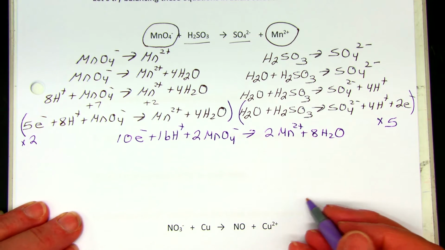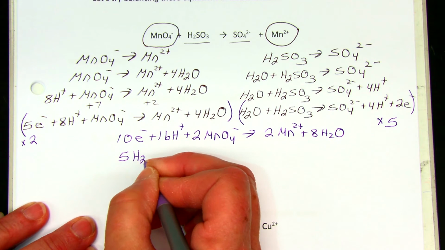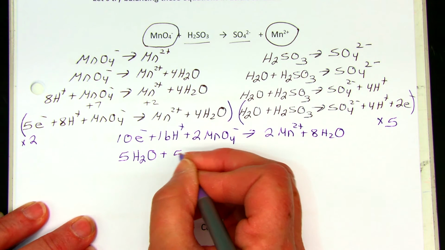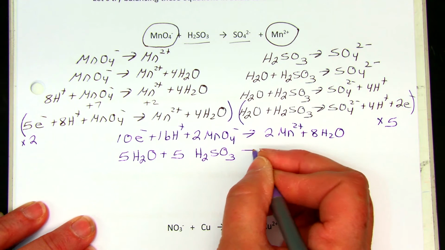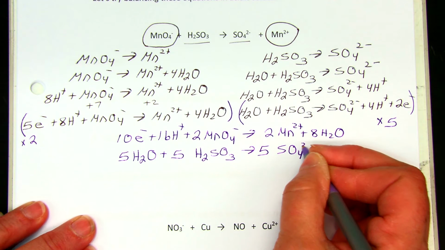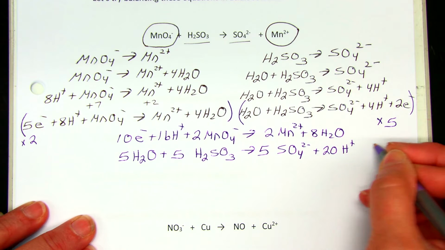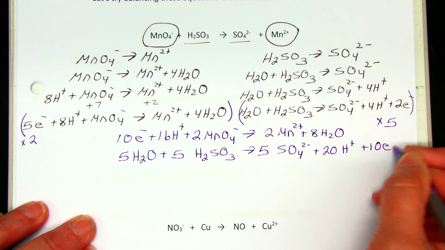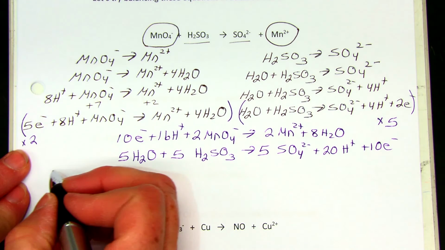Now I'll multiply the other half by 5. 5 waters plus 5 sulfurous acid yields 5 sulfate plus 20 hydrogen ions plus 10 electrons. Now hopefully I didn't mess up there, but if I did, I'll see it in the next step.